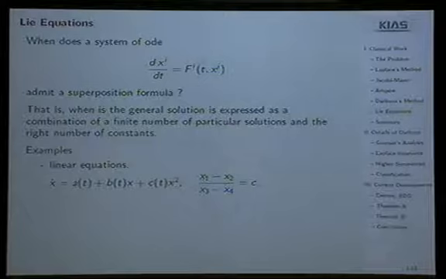So this cross ratio is always constant. Well, if you think about that, what that means is if you know 3 solutions, solve this for the fourth, and you now have the general solution. So the Riccati equations admit a nonlinear superposition formula. If you know 3 solutions, then you know explicitly the general solution.